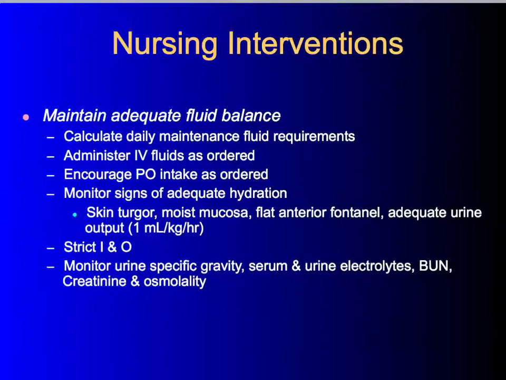In addition to that, assess skin turgor, the mucosa for moistness, the anterior fontanelle should be flat, and adequate urine output. And in a young child or baby, it's 1 ml per kilo per hour. They're on strict I&O, monitor urine specific gravity, serum and urine electrolytes, BUN, creatinine, and osmolality as they've been ordered.